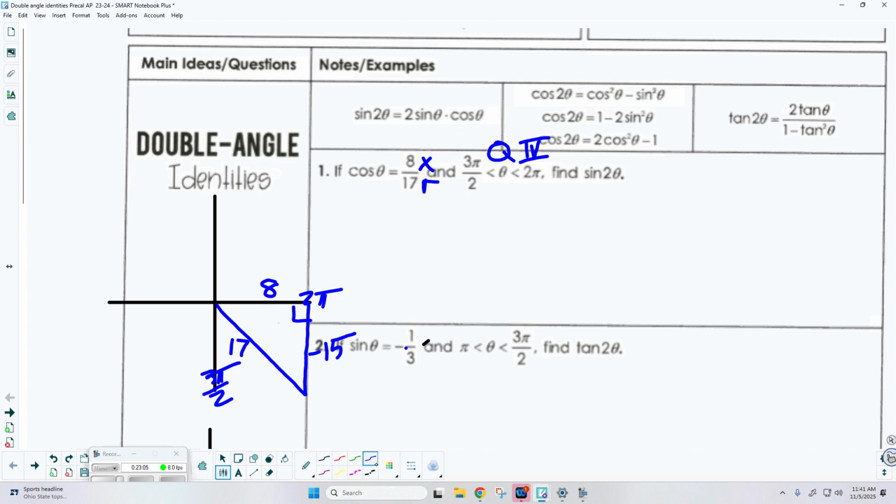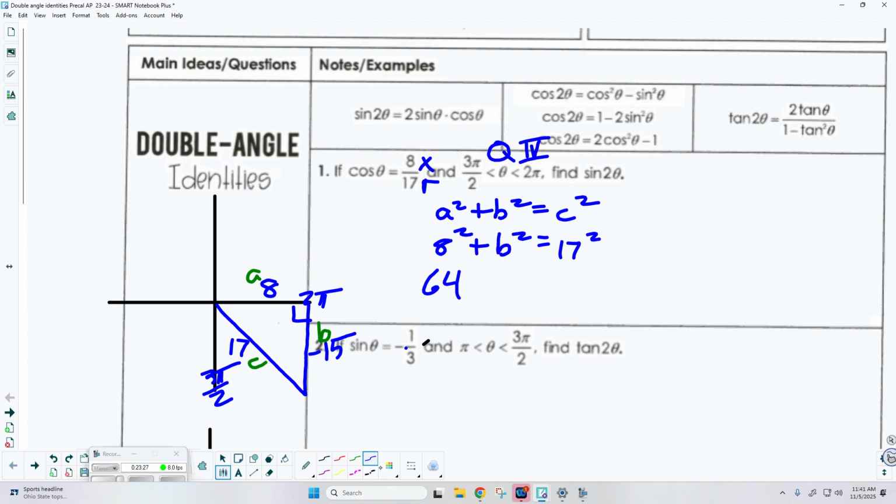Now, because I'm recording, I'm going to run through, at least on this one, the Pythagorean theorem to make sure that everybody's okay with that. Let's say this is A, this is B, and this is C. Of course, we know A squared plus B squared equals C squared. So 8 squared plus B squared is equal to 17 squared.